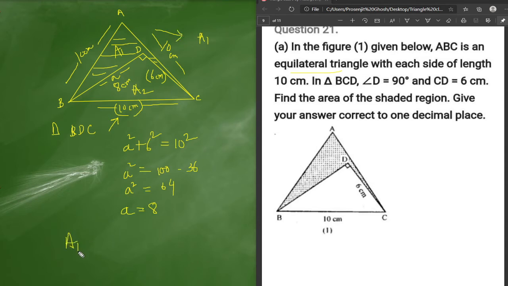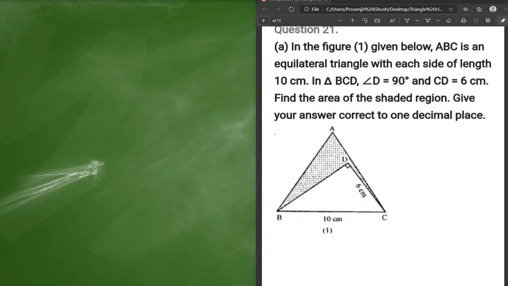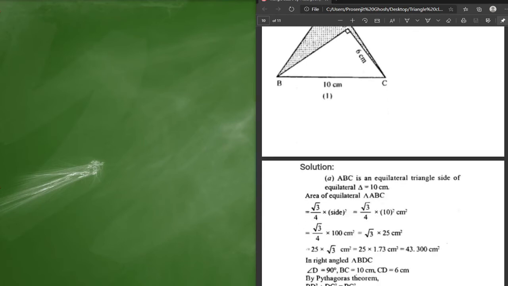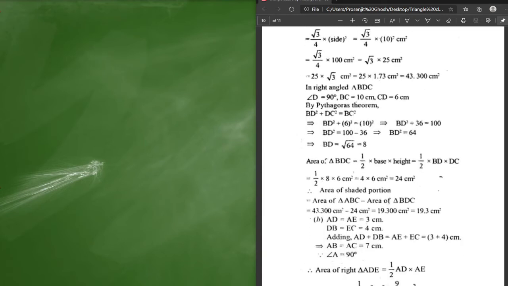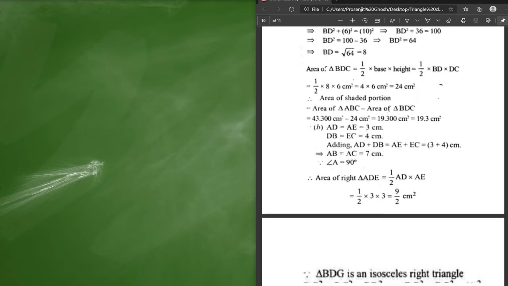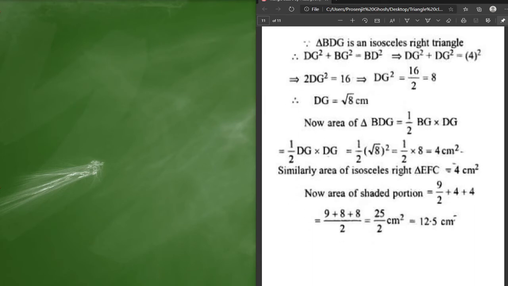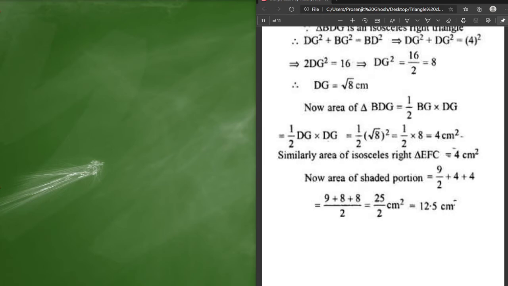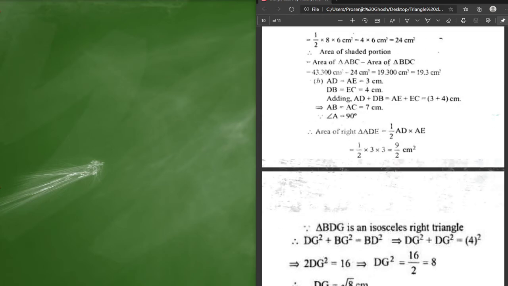Then just subtract the smaller one from the bigger one and you will get the required area. So this is the idea behind it. I already did that in this whole thing. Let me show you once. As you can see, all the sums as I explained are given over here. You can check it out. If you still have any doubt, don't forget to write it in the comment section.